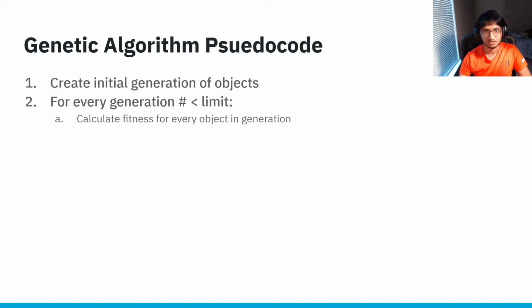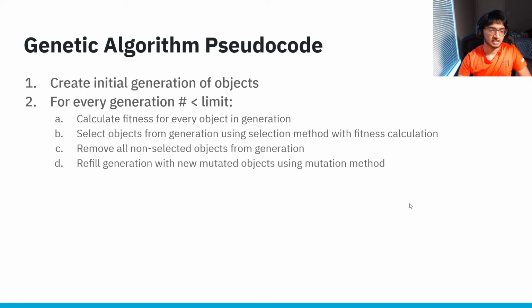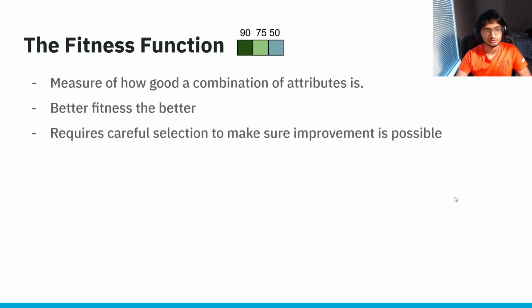For each generation up to some limit, you calculate the fitness for every object in the generation. You select the objects from the generation using a selection method with a fitness calculation. And then you remove all non-selected objects from the generation, the unfit ones, the ones you don't want to have. And then you refill the generation with new mutated objects using a mutation method. And you're done. That's essentially what a genetic algorithm is at the pseudocode level.